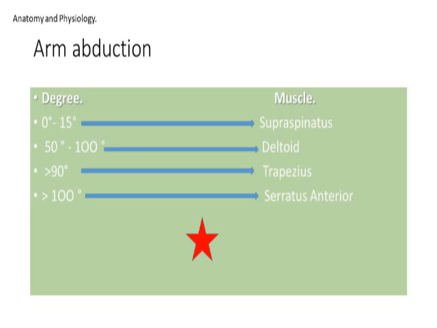It is one of the most important muscles and a very commonly asked question. Also, the deltoid muscle for 15 to 90, the trapezius for more than 90, and serratus anterior for more than 100 degrees. But of these four muscles, the most important is supraspinatus.